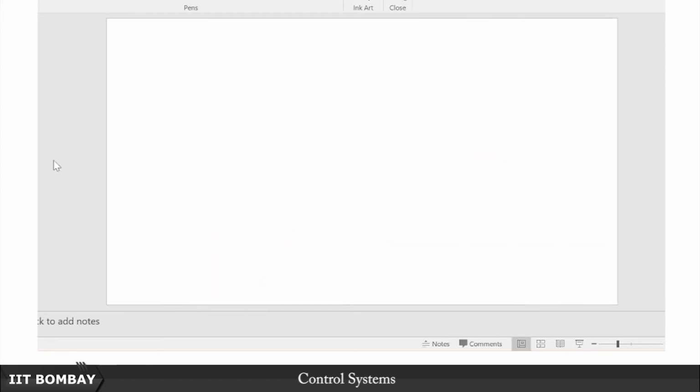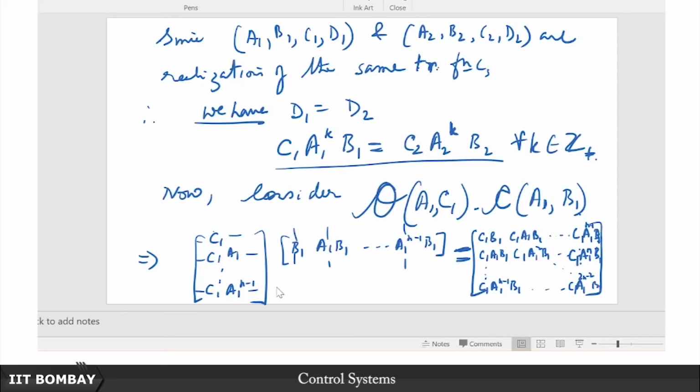Look at this matrix here. What is the size of this matrix? This is n, this is n, this is also n. Although I have drawn it in this fashion, like one looks tall, one looks short or wide, both are n cross n matrices.